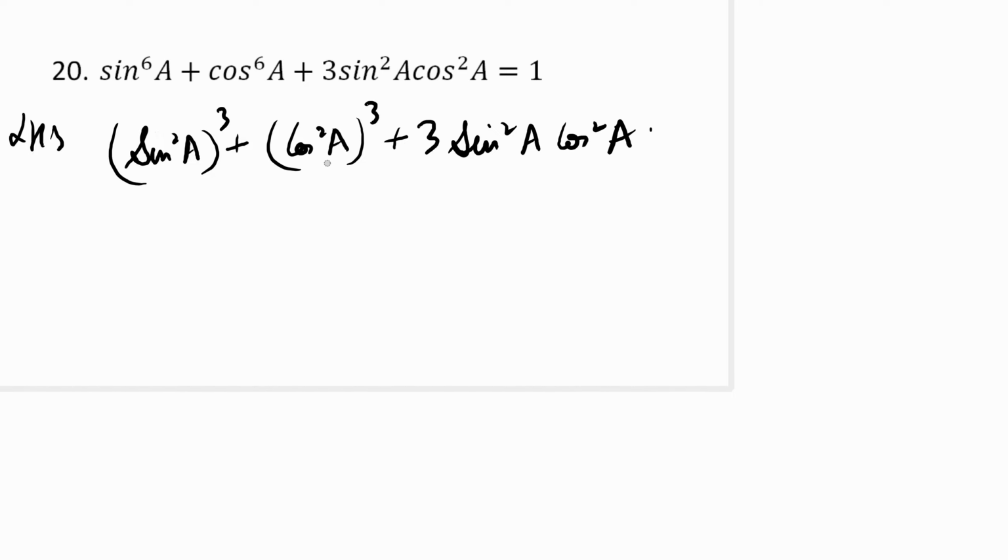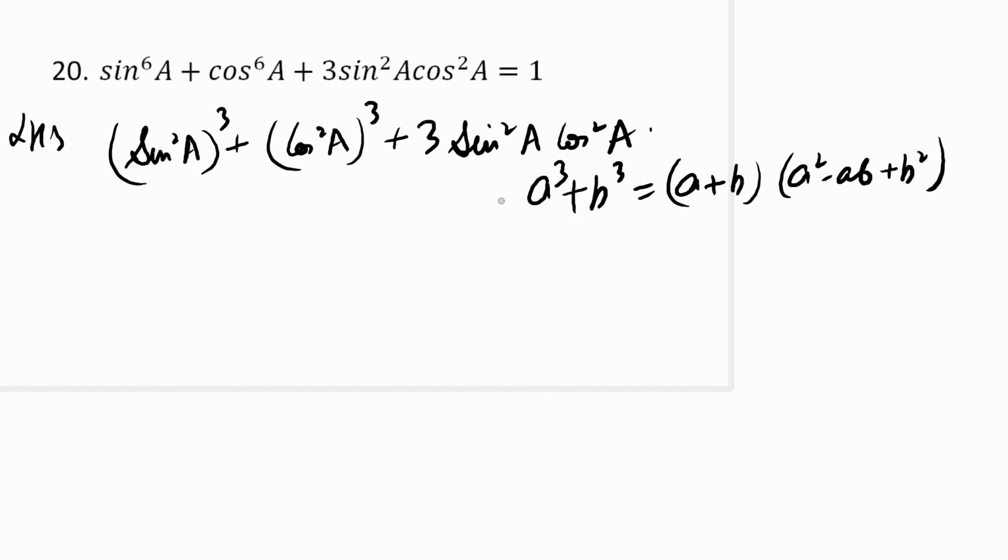We have already used a cube plus b cube quite a few times today. A cube plus b cube is equal to a plus b times a square minus ab plus b square. Here a is sin square a and b is cos square a.